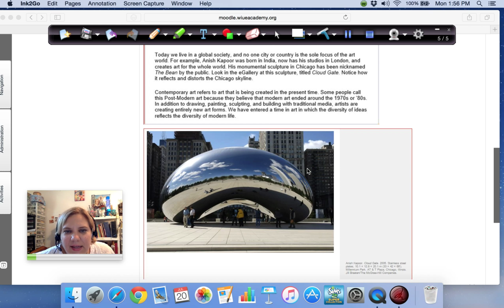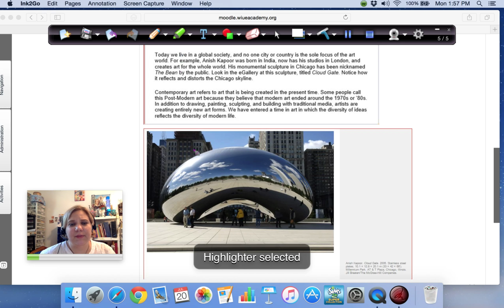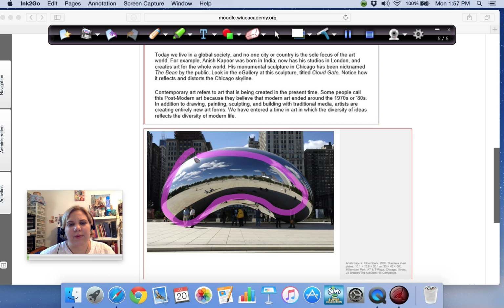And they're just saying, take a look at this Cloud Gate. One thing you want to notice, and when I first looked at this I didn't notice, is that it's kind of like this weird bean shape. But look inside of that, and you're seeing the reflection of the Chicago skyline, kind of inverted or changed.